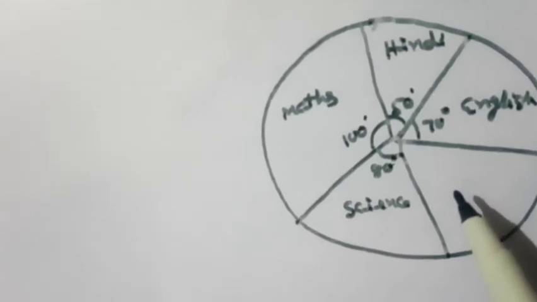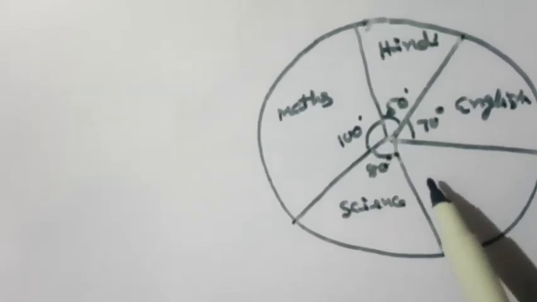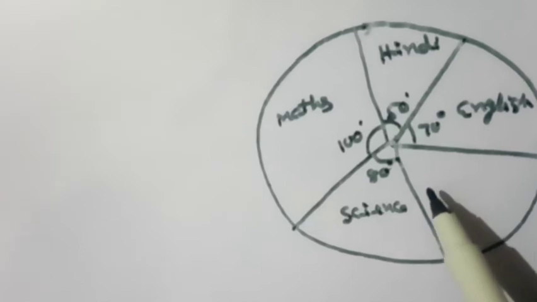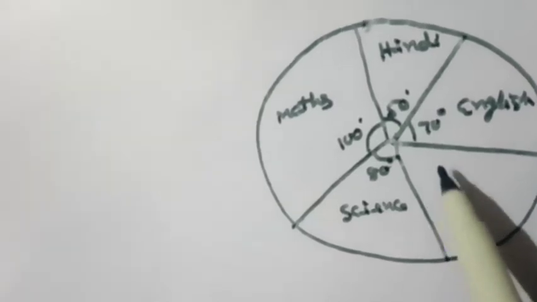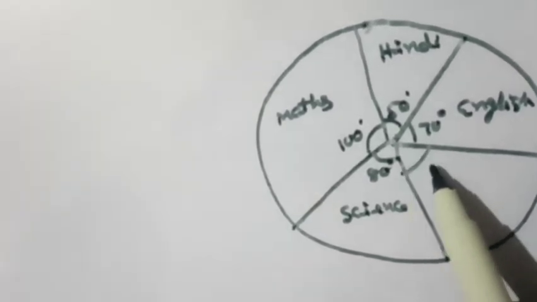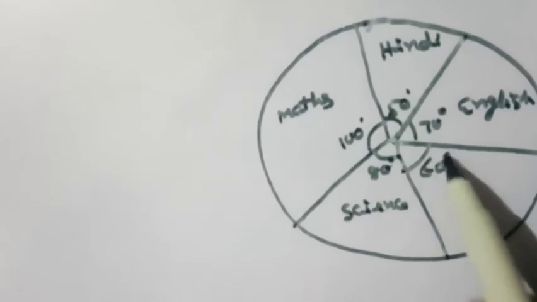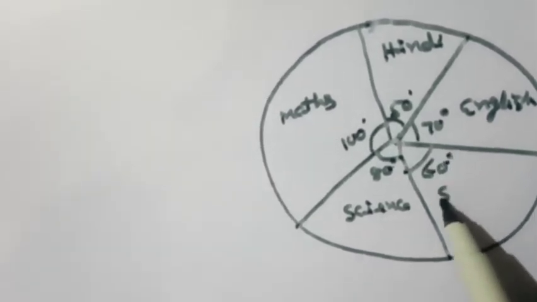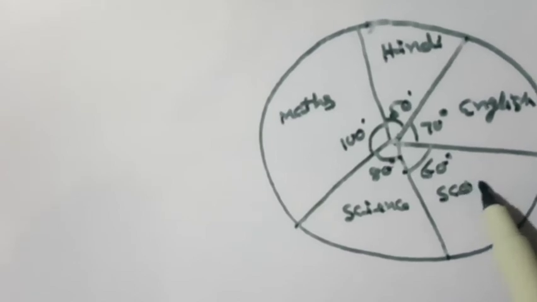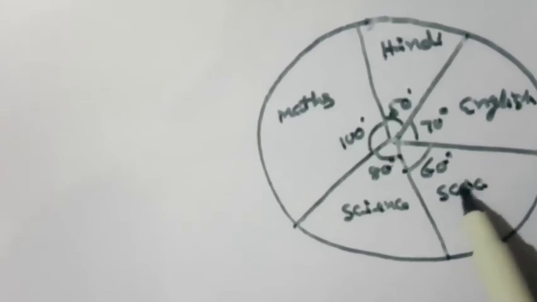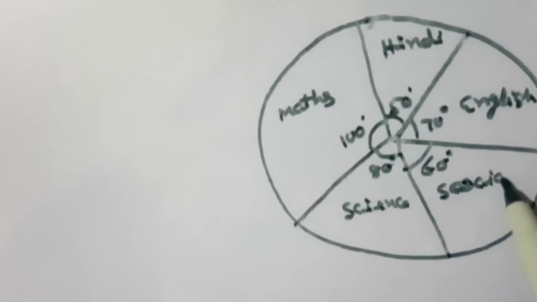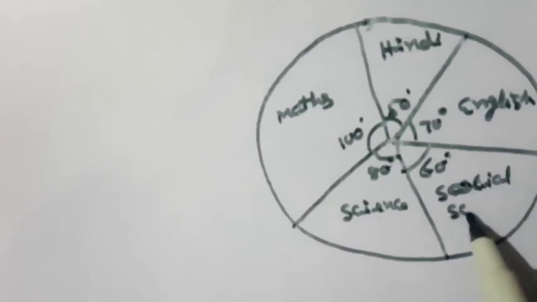Lastly, social science, its central angle is 60, so the remaining angle will be 60 degree, and subject is social science.